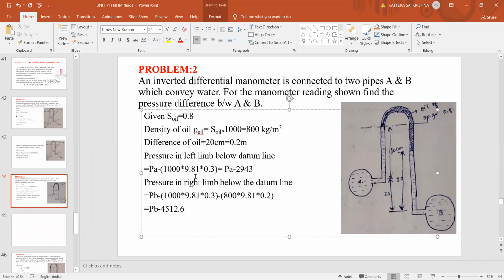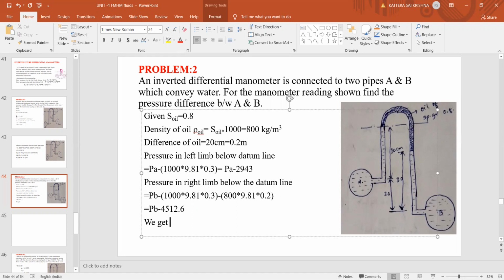After getting this, we know what to do. We need to equate both the pressures in the left limb and the right limb. So write down that step there. By equating both the pressures in the left and right limb below the datum line, we get, I'm writing directly, PA or PB.